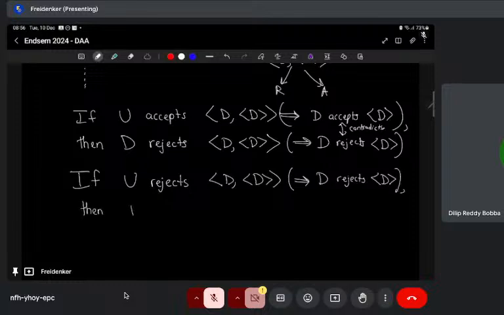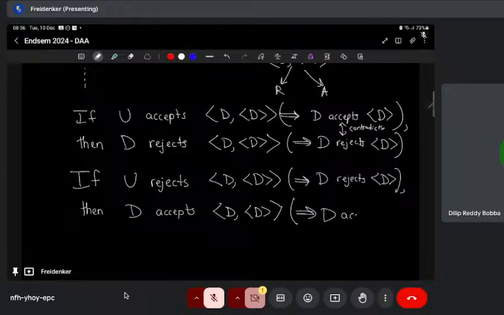Then D accepts description of D comma D. Does this mean D accepts description of D? I'm just checking if this implication is correct or not. If we know that this is true, then we can directly see there is a contradiction.